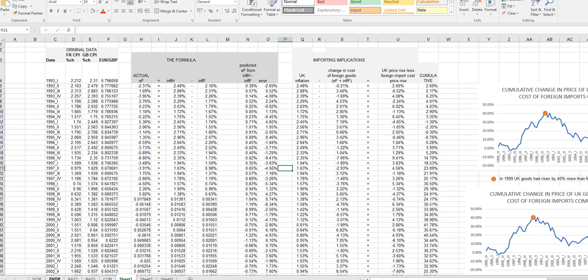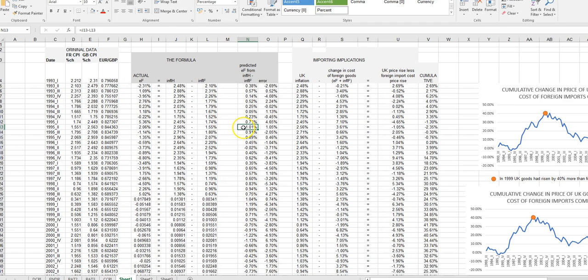Okay, so as I was saying, it's a good idea to take one example and explain it properly so that people know exactly what's happening. So if I was to take this one, we'd say that inflation in the UK was 2.56. In France it was 1.55.